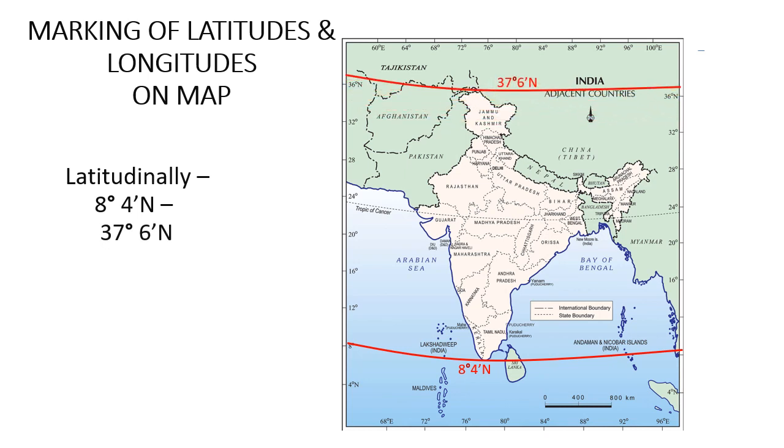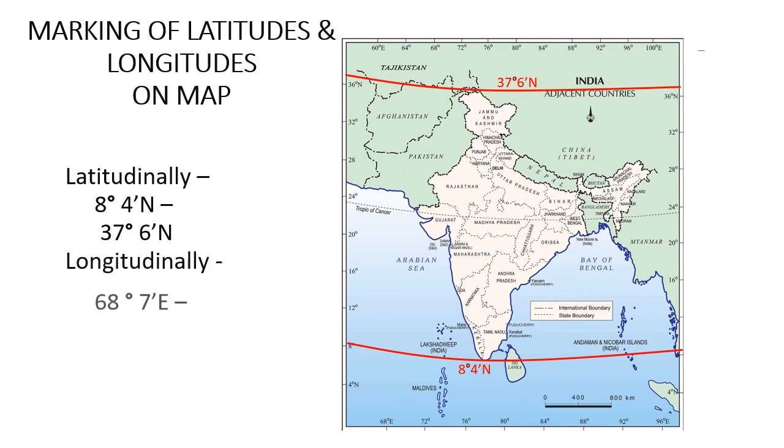See, 37 degree 6 minute north also gets curved to touch Jammu and Kashmir. The southernmost part of India touches the state Tamil Nadu, and the northernmost latitude touches Jammu and Kashmir.